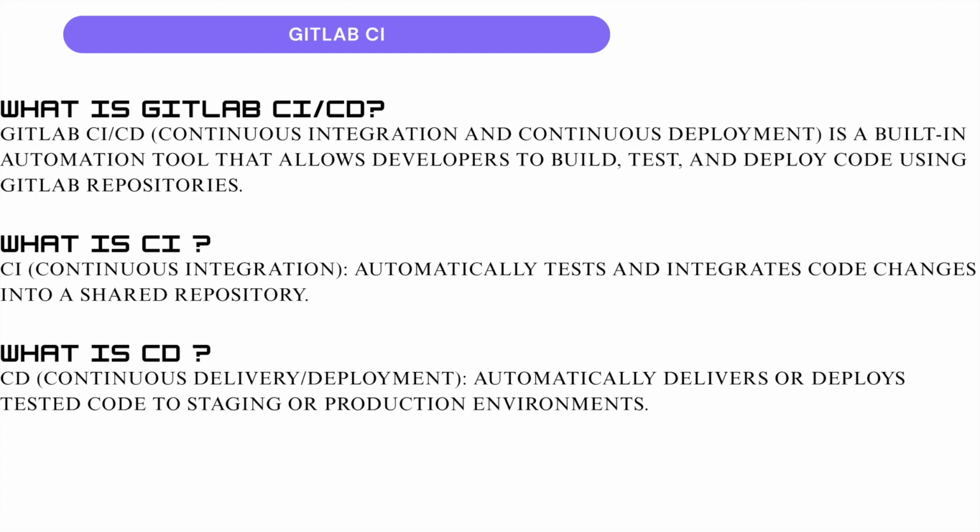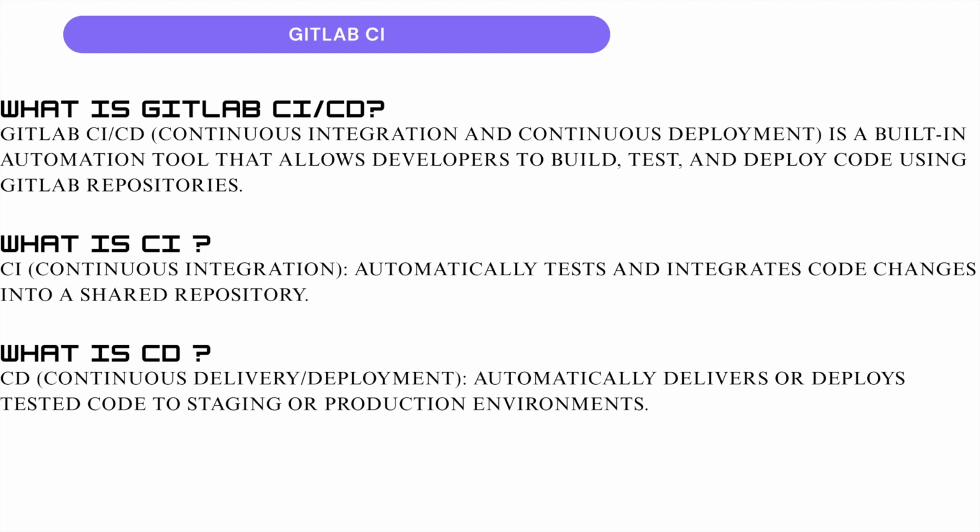So GitLab is yet another tool which is helpful for hosting your source code, which is also known as a version control tool. It's similar to GitHub or Bitbucket, but it also includes the CI/CD part, which is continuous integration and continuous deployment. So it's a built-in automation tool where you don't need to manage the CI/CD server.